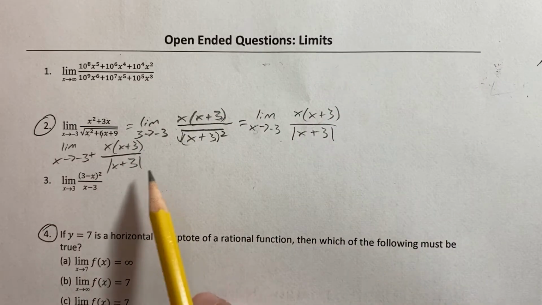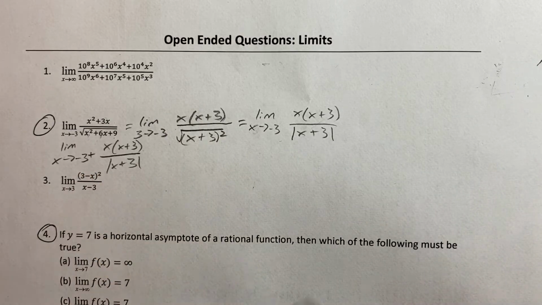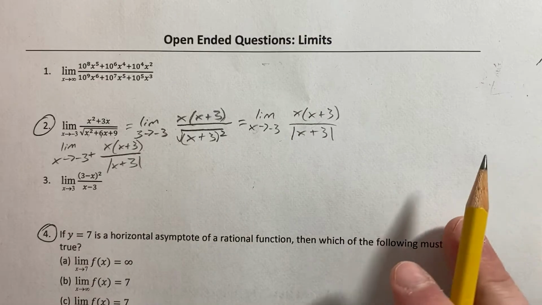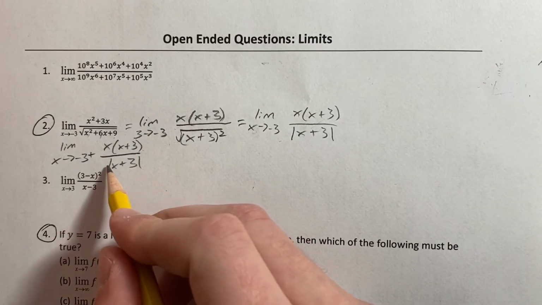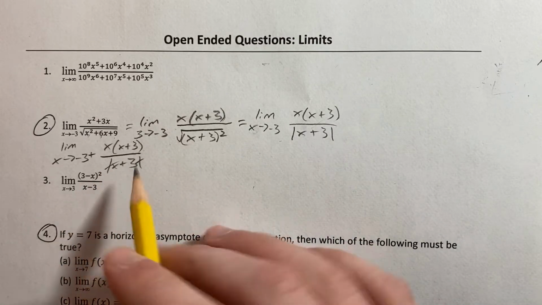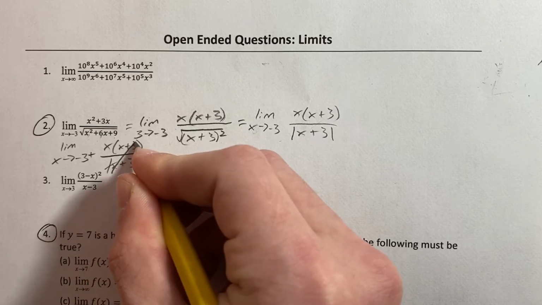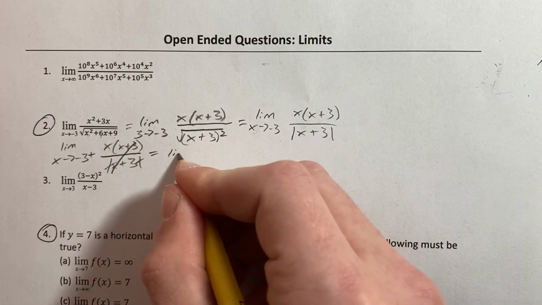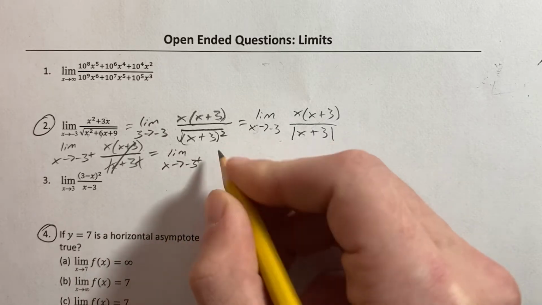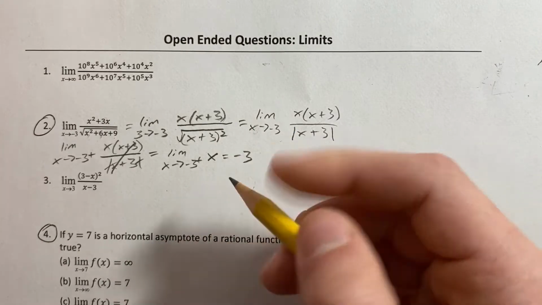As long as x is greater than negative 3, the absolute value isn't really going to come into effect. You can just ignore the absolute value signs since what's inside is always positive, and you can cancel out the x plus 3 terms. So you have the limit as x approaches negative 3 from the right of just x, and you end up with negative 3.